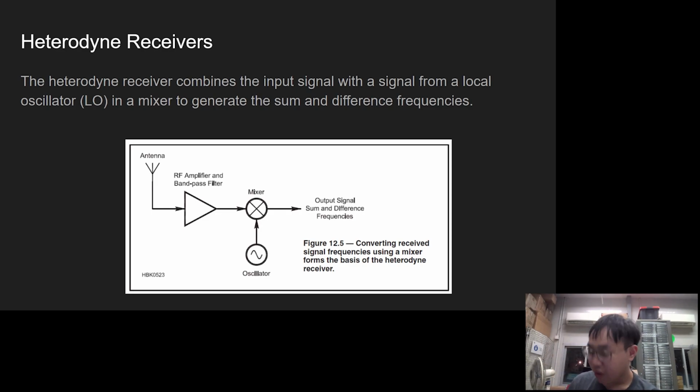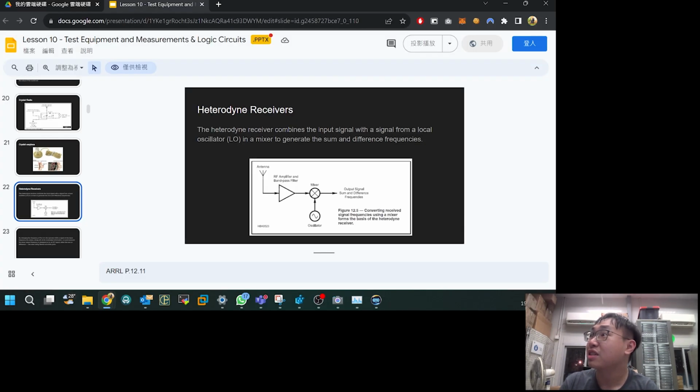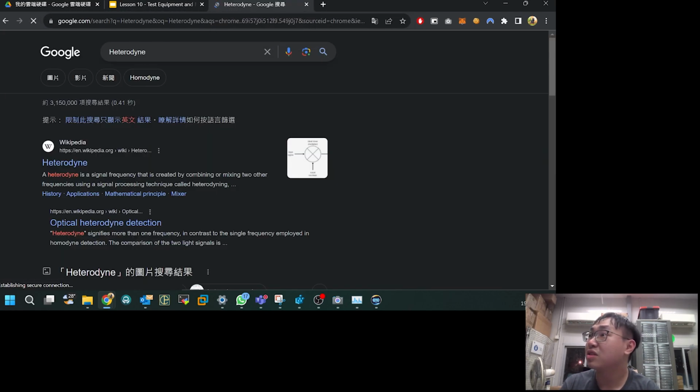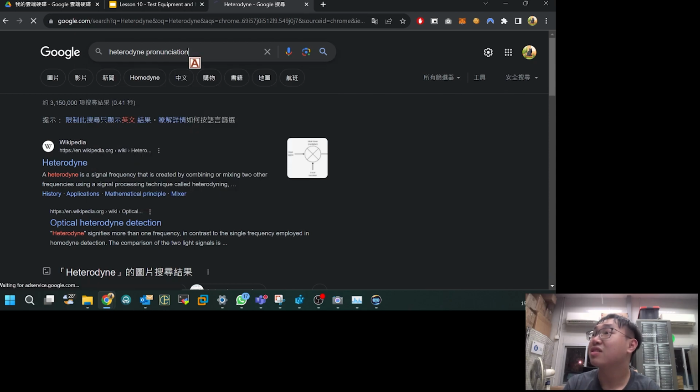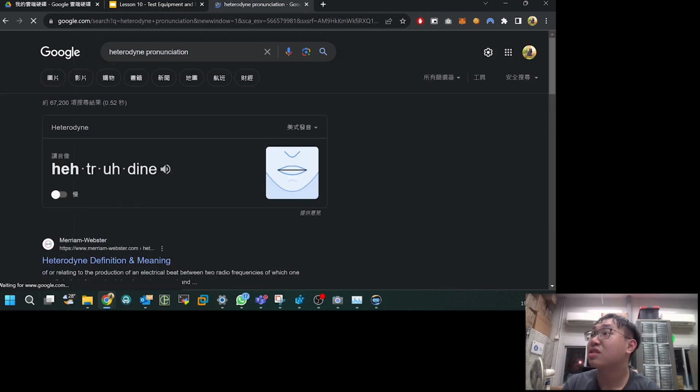Heterodyne, super heterodyne receiver. We will talk about this one. Heterodyne means, is that pronounced in the correct way? Let me check. I really don't know how this word is pronounced.